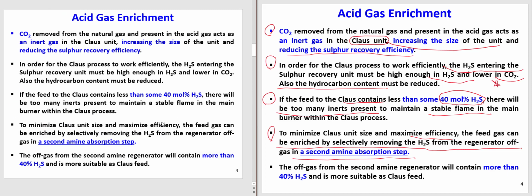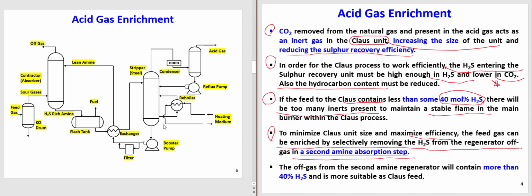So we send the acid gas, H2S and CO2, through the different steps, and at the end I have my off gas, which will be mainly CO2, and I have another stream which is pure in H2S. So this is called the second amine absorption step or acid gas enrichment.